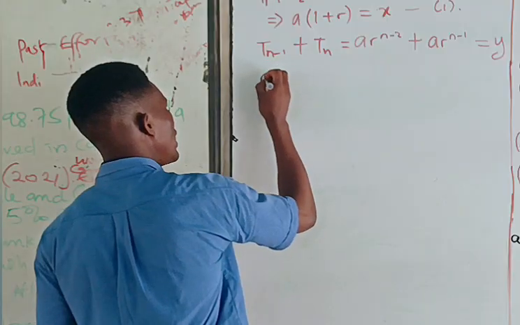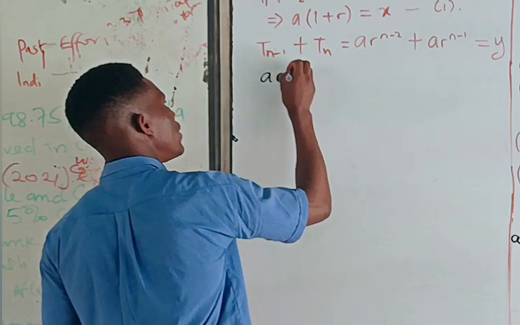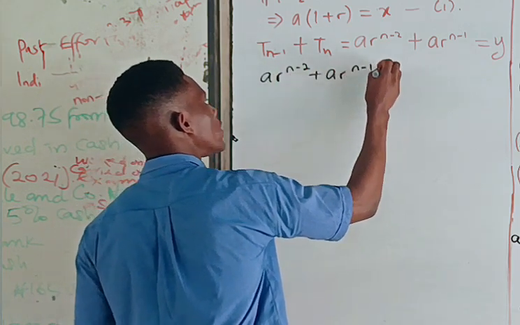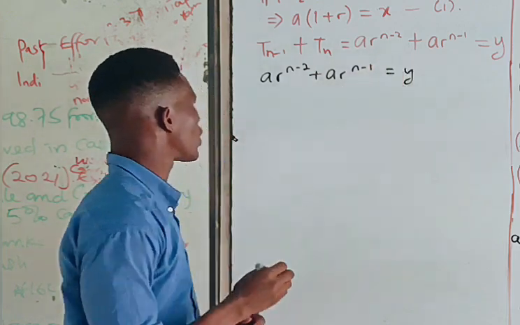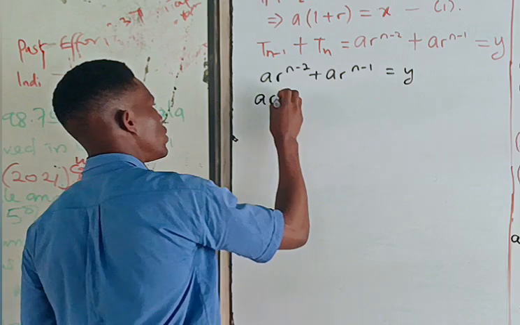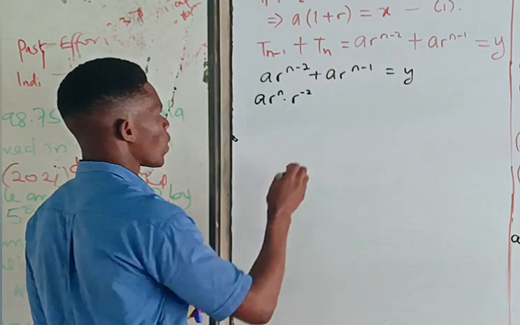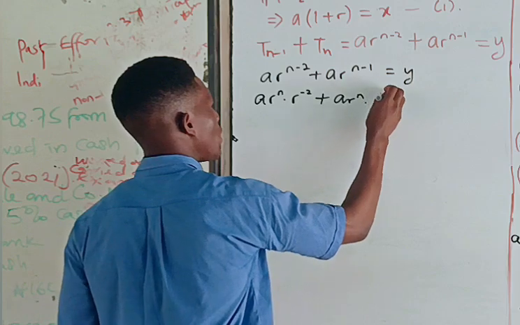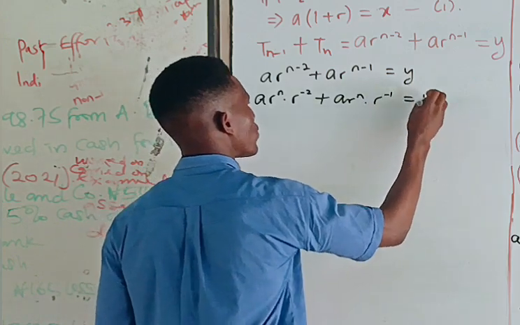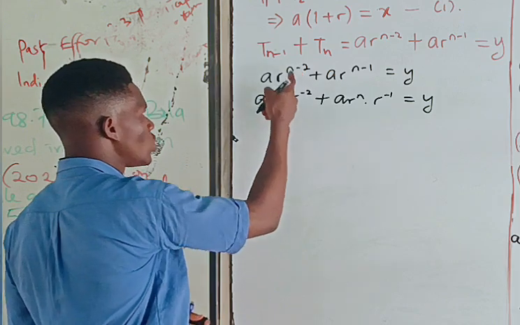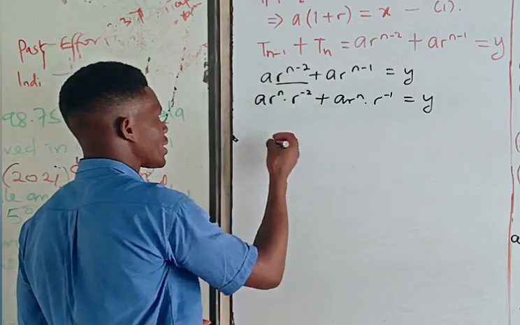We can write that AR^(n-2) + AR^(n-1) = Y. So this can be written as AR^n · R^(-2) + AR^n · R^(-1) = Y. What I've done from here to here is to rewrite this as a product.